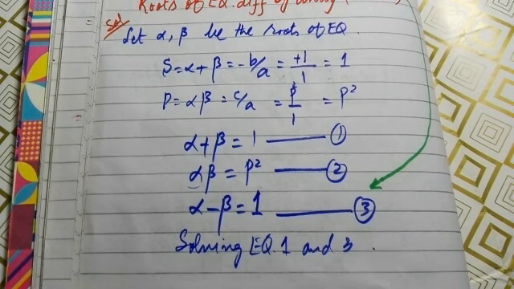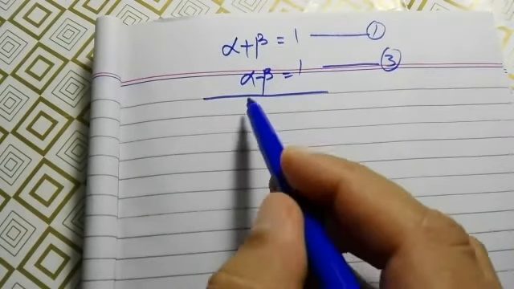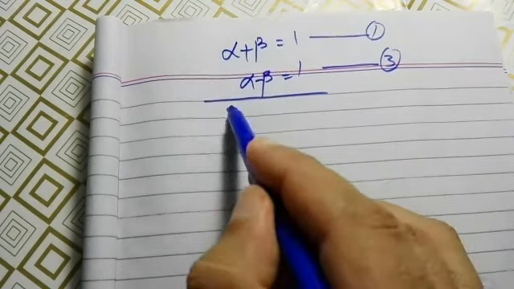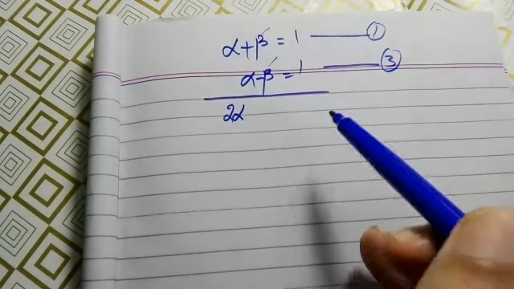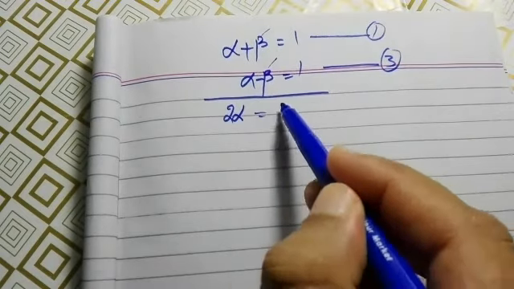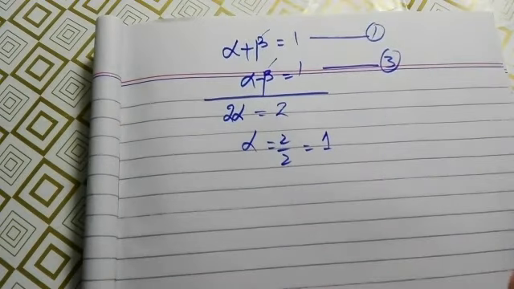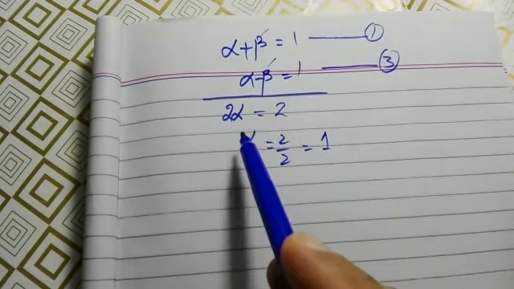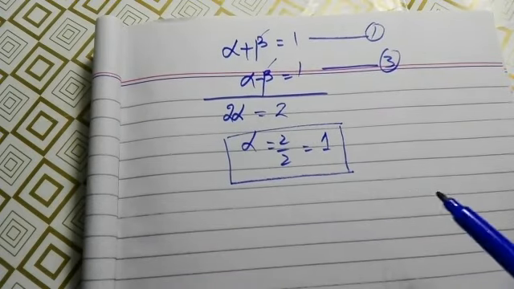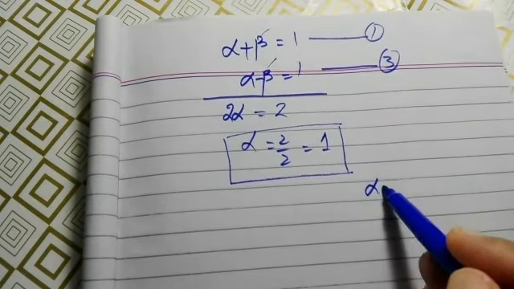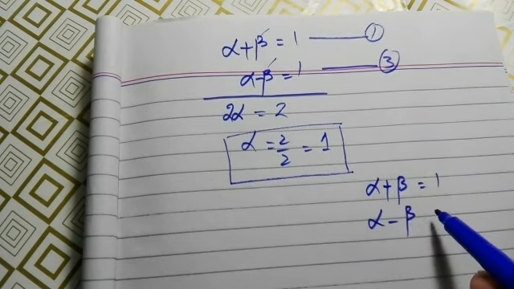Simultaneous solution. If you solve first and third equation by adding these two equations, you will see that alpha plus alpha will become 2 alpha, but beta will be cancelled with minus beta. And on the right hand side you will get 1 plus 1, 2. So alpha will become 2 by 2, that is equals to 1. So once we have added these two equations to find the value of alpha, then one time we will do the subtraction, means that alpha plus beta equals to 1, alpha minus beta equals to 1.